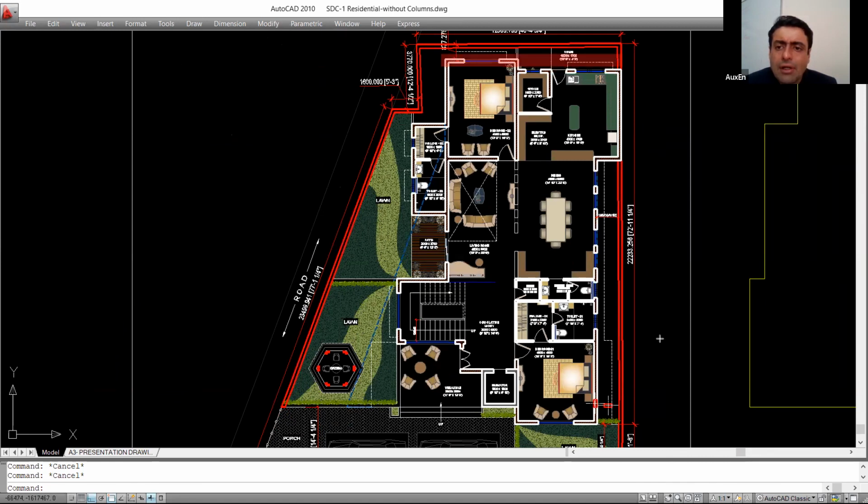This is my external wall. This is my external wall. Wherever I am having an external wall, external means which is exposed to the environment, which is on the periphery of your structure. All those walls I will try to have them 8 inches thick, and all the internal walls which are not exposed to the environment, I may have them in 4 inches. Am I clear?